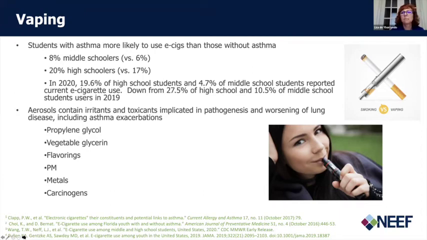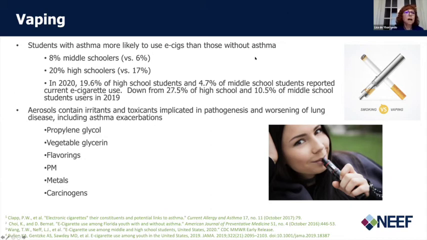One child was on ECMO for 2 months, directly due to EVALI. And in 2019, by November, there were 39 deaths from EVALI. So this really led to the ban on Juul selling most vape flavors and also not being available to children under 18.